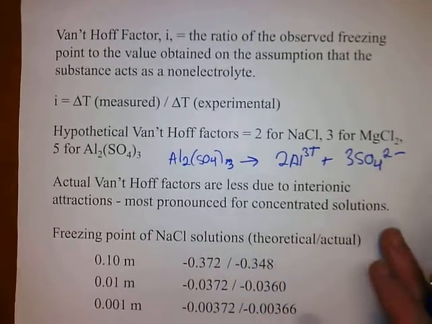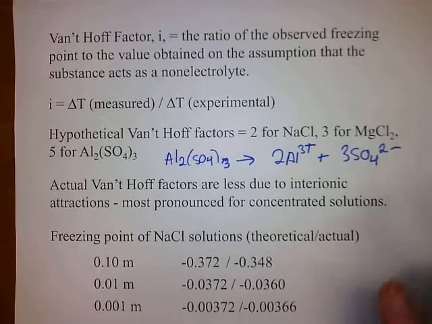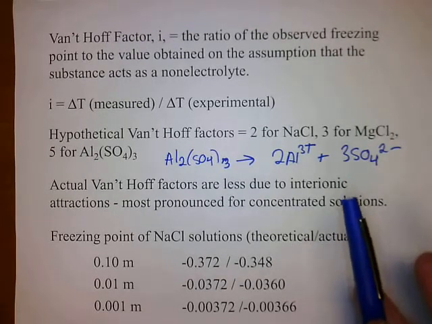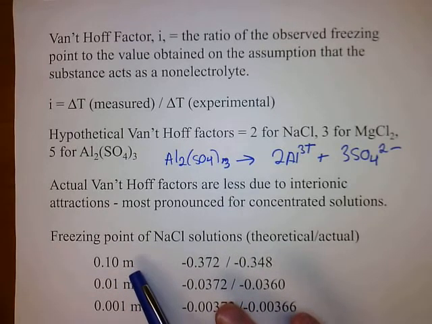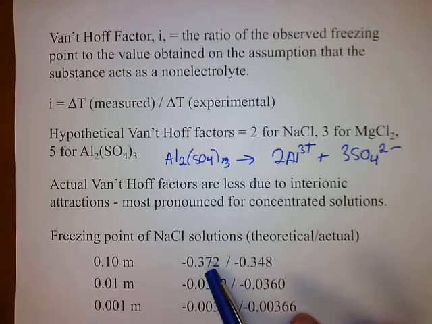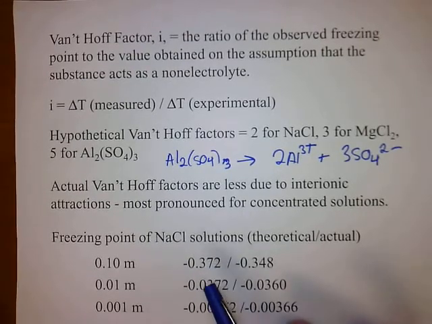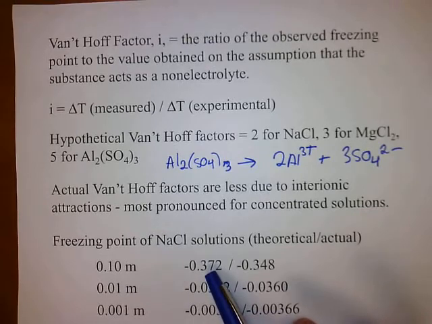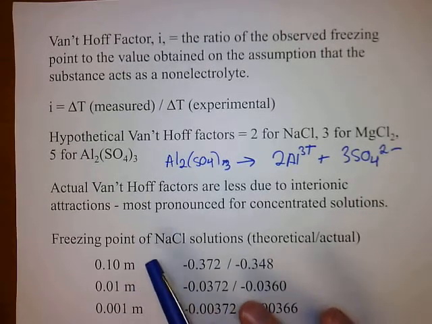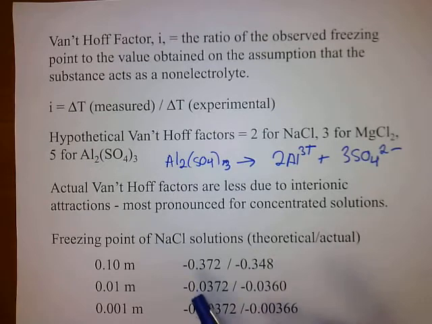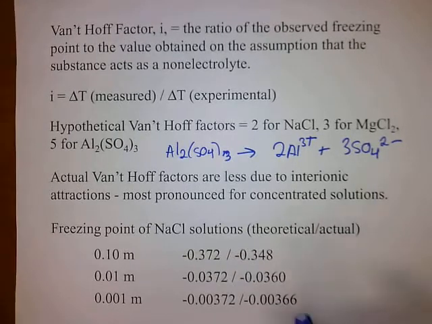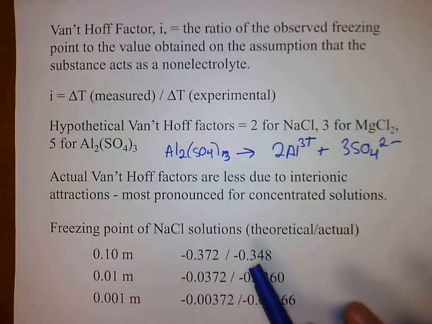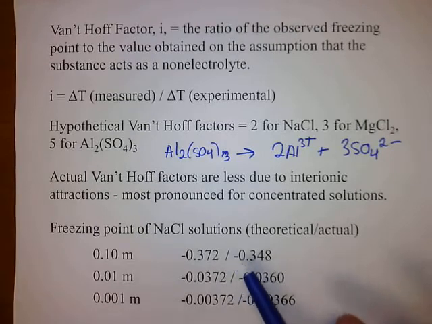Okay, so for example, just some numbers. If you had a 0.1 molal solution, your theoretical value, what you would expect, is 1.86, the freezing point depression constant, times 0.1 times 2. So that's minus 0.372. What you actually get, your actual freezing point, comes out to be like 0.348. So you don't have quite as many free particles as you predicted.